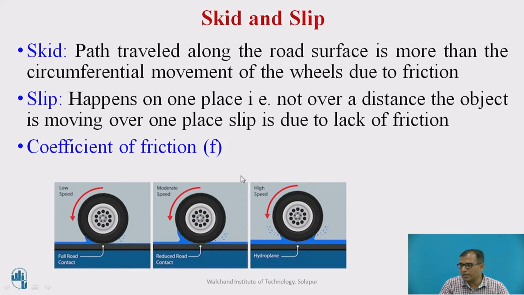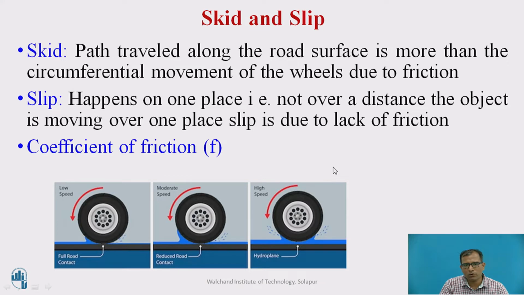When you apply the brake, the movement of the vehicle along the road is more than the circumferential movement of the wheels due to friction. That is called a skid. It happens along the length of the road, and slip happens in only one place. So skid happens for a certain distance.